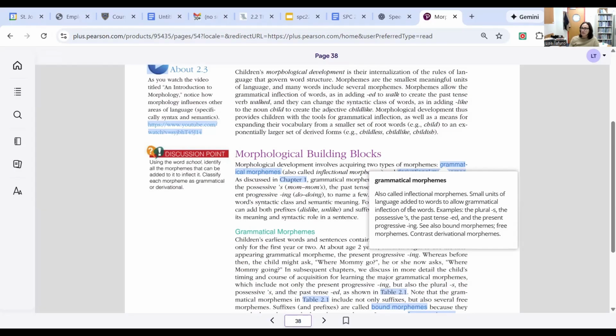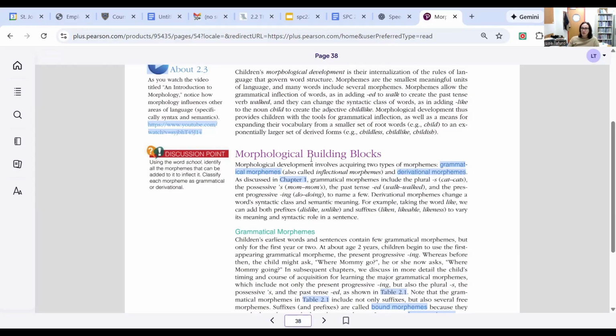So plural S tells us, well, the meaning is the same, dog, but plural S is saying that we have two or more of those dogs. We have possessive S indicating possession of something. Past tense, present progressive, meaning there's some action happening now, jumping, for example. Okay, all of these grammatical morphemes are called bound morphemes.